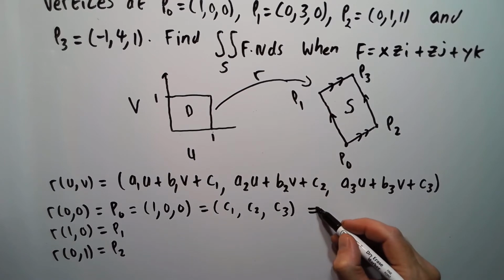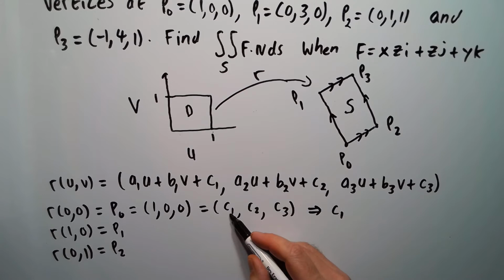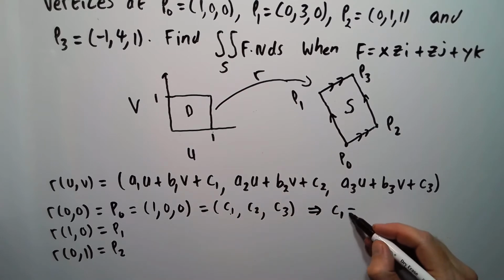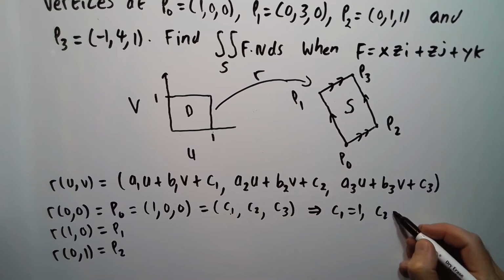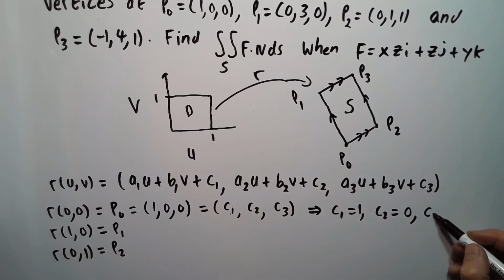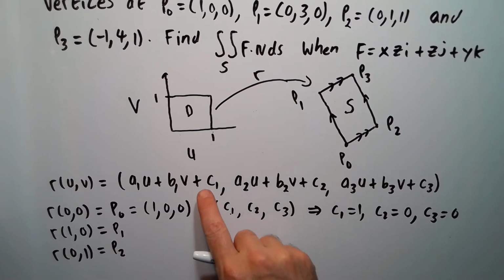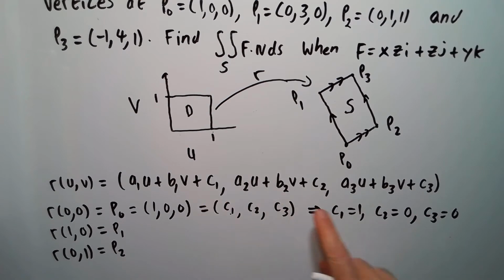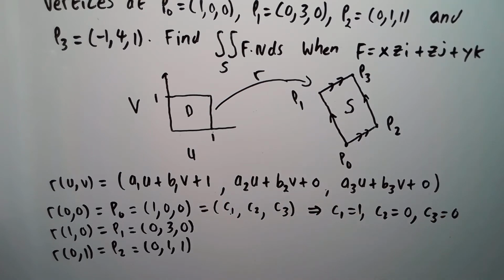So we can conclude that C1 corresponds to the 1 here, so it'd be 1. C2 would be 0, and C3 would also be 0. Okay, so let's replace those up here now. We'll put C1 as 1, C2 as 0, C3 as 0. So I replaced my C1, C2, and C3. Let's move on to the next one now.